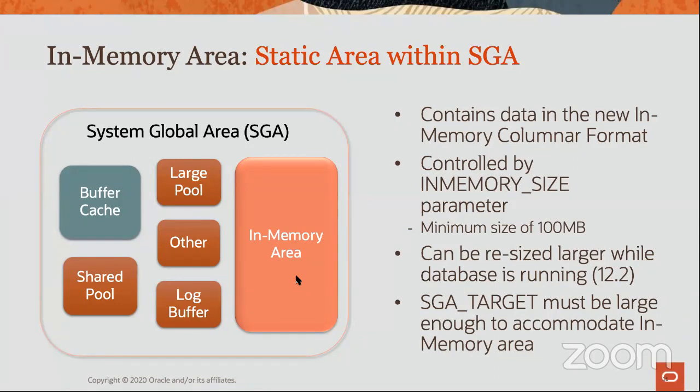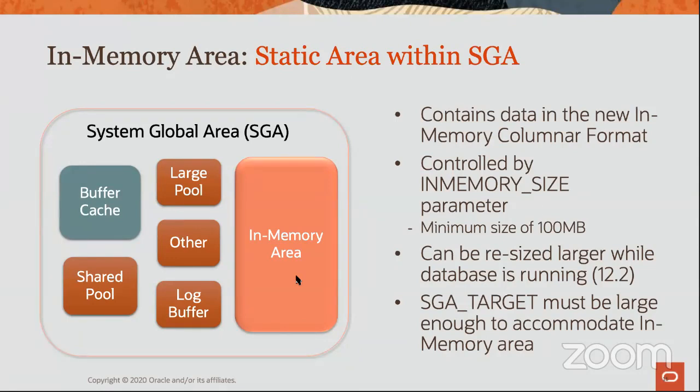This is very flexible in the sense that you get to pick and choose and decide how much memory you need, and I'll talk a little bit about how you come up with those numbers. The other takeaway here is that the SGA itself has to be large enough to accommodate this new in-memory area that you're going to allocate.